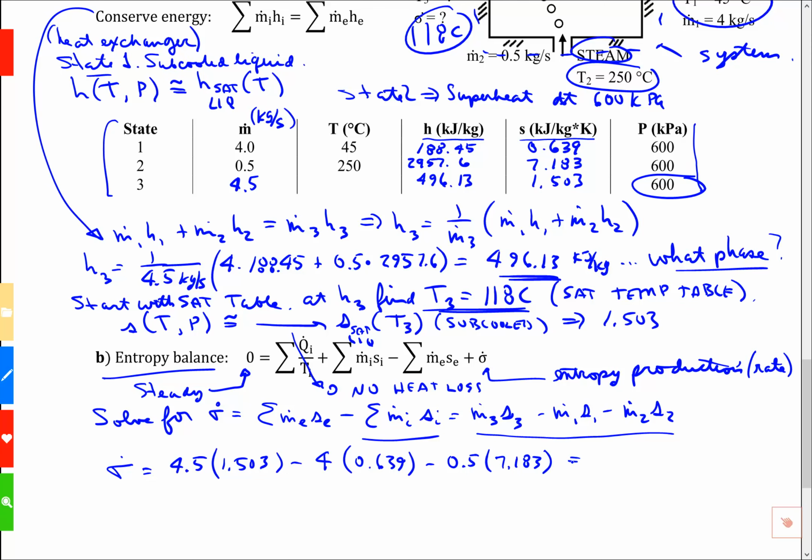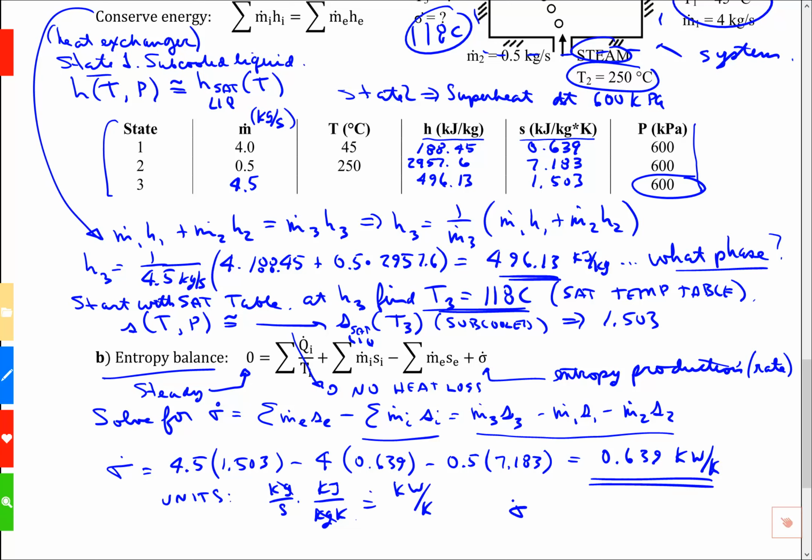And when I turn the crank on all of that, I've got 0.639, and the units are kilograms per second times kilojoules per kilogram per Kelvin. So kilograms go out, and a kilojoule per second is a kilowatt. So I've got kilowatts per Kelvin. So that's my entropy production rate.